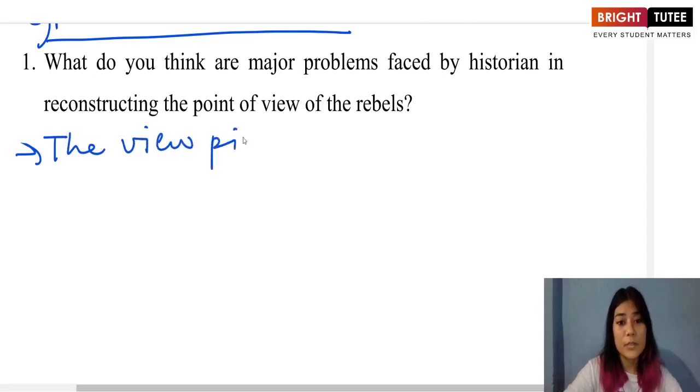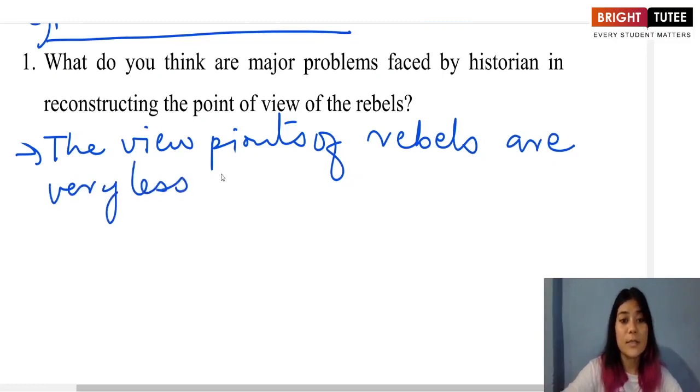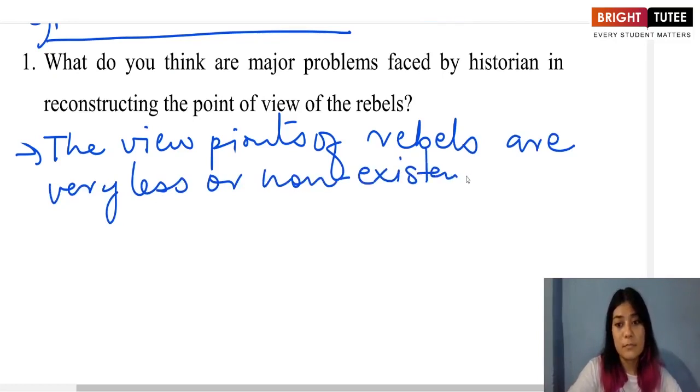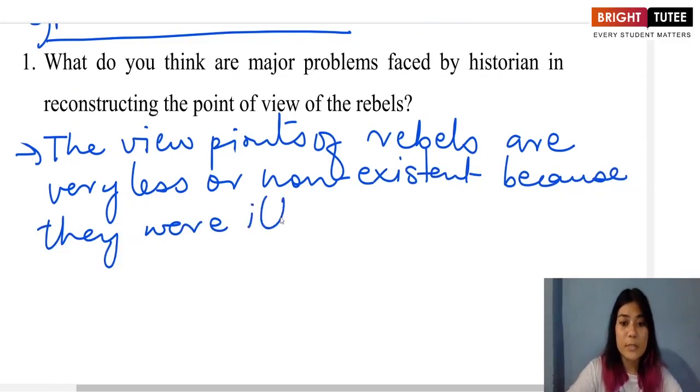the viewpoints of rebels are very less or non-existent because they were illiterate.